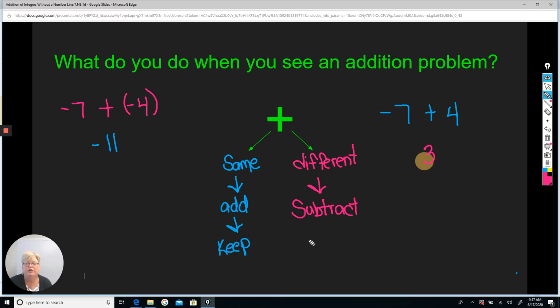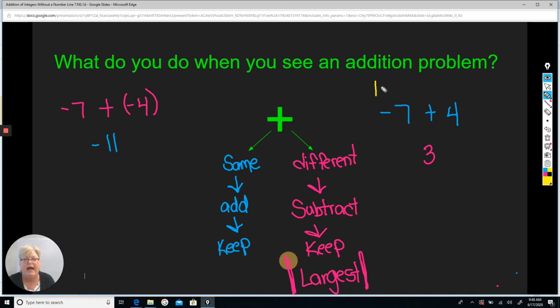Now, what do we do to figure out which sign we keep? We're going to keep the sign, and this is important, of the largest absolute value. I wrote the absolute value sign there so you would see that. So we're going to keep the sign of the largest absolute value. So let's go talk about which one's the largest absolute value.